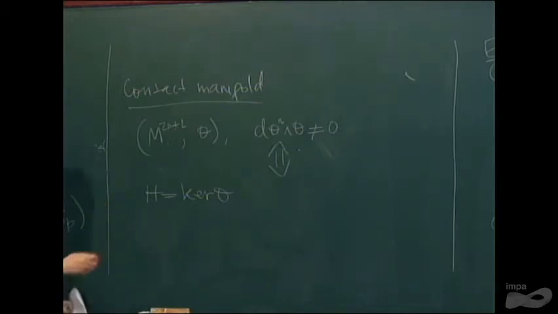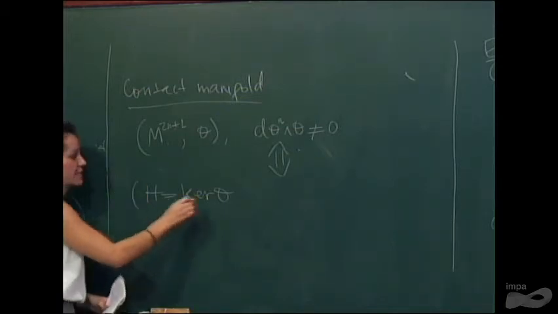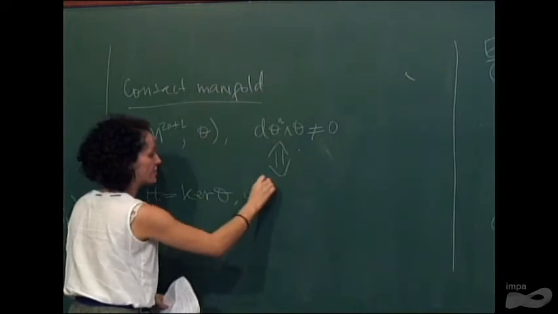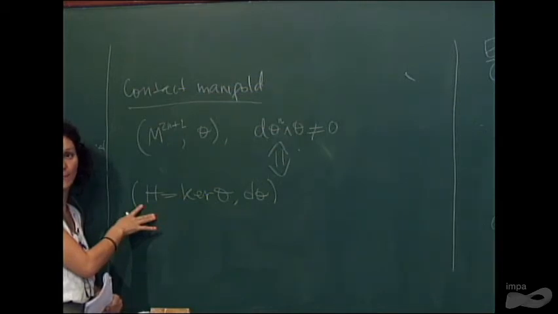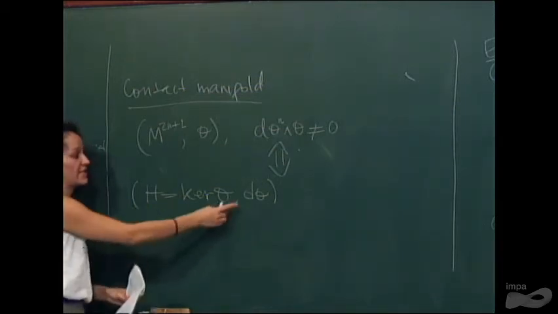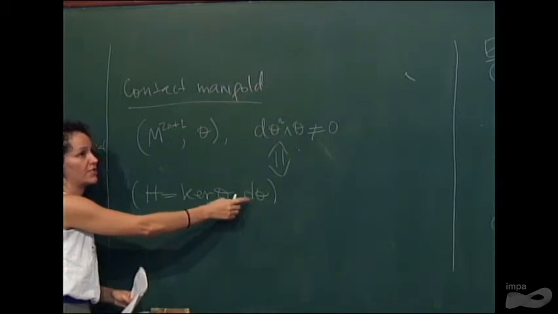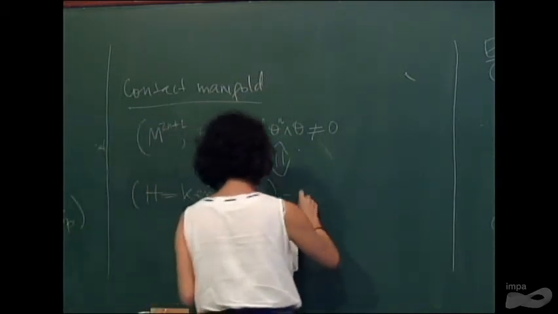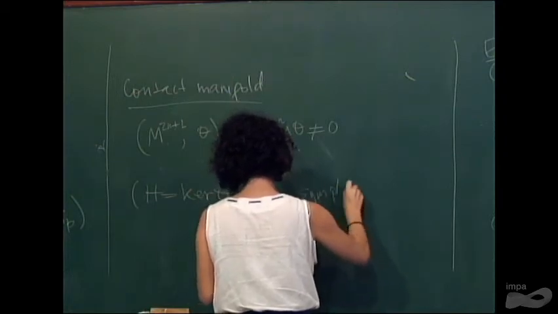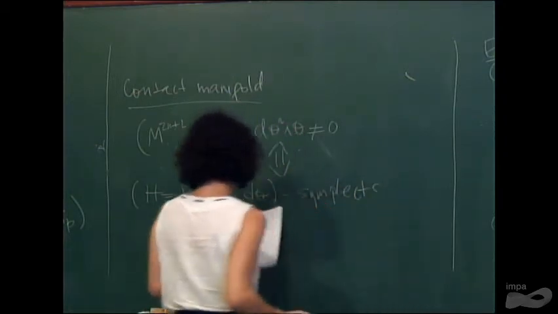And you have that if you endow this with, and you look at the restriction of the d theta to this space, this is actually symplectic. So this is a non-degenerate two form on this space, okay?